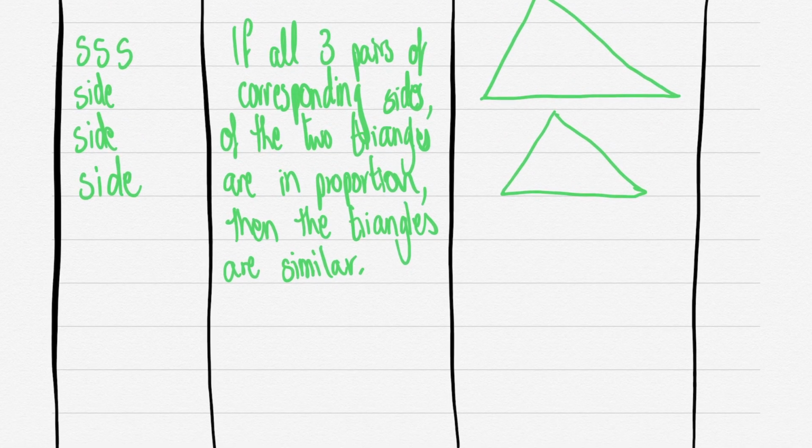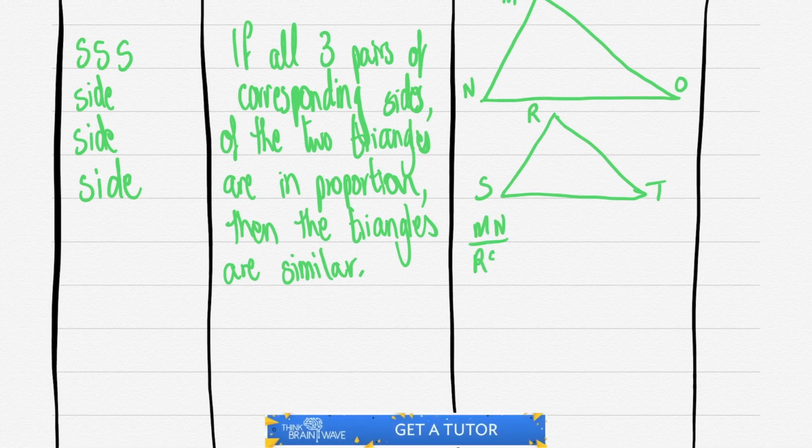Let's label it. We'll say M, N, L, and we'll say R, S and T. So what we can say is MN over RS is the same as saying ML over RT.